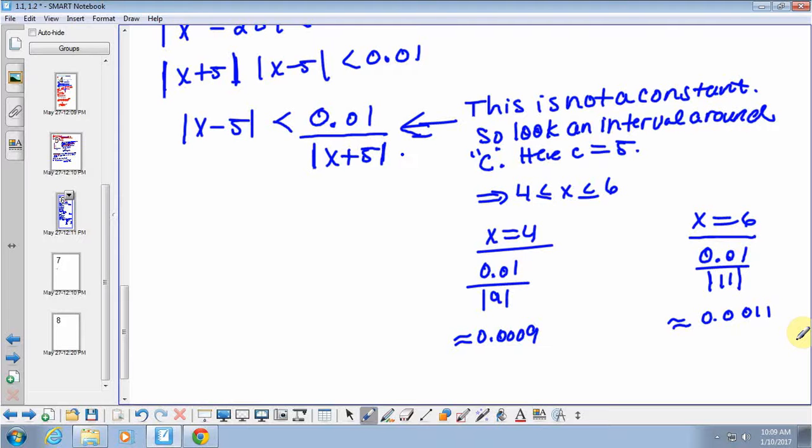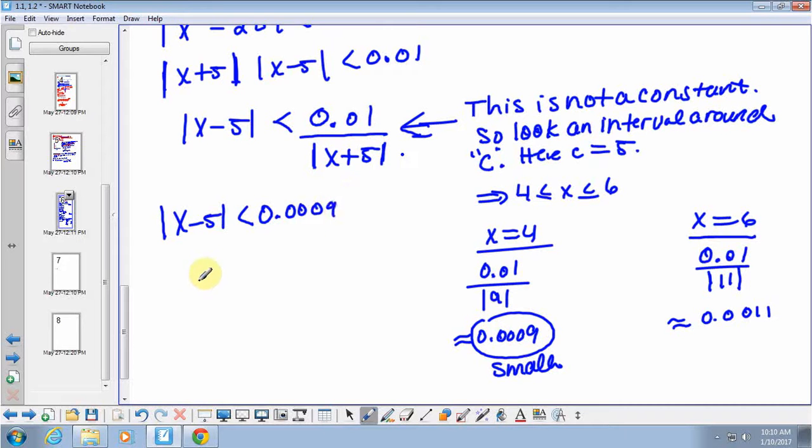Probably. So which is the smaller value? This is the smaller value. So we're going to pick that smaller value, and we're going to call delta 0.0009.